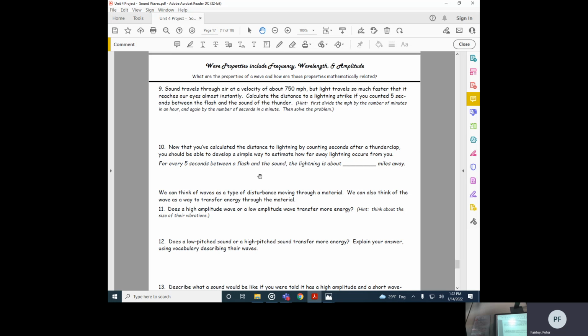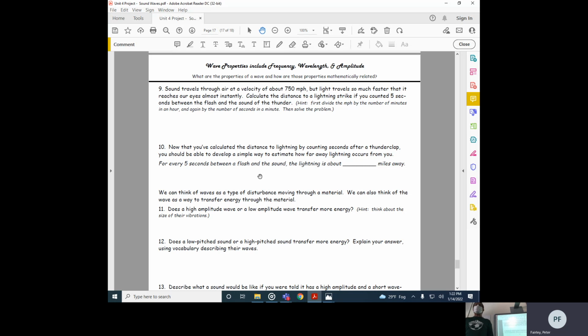Sound travels through air at a velocity of about 750 miles an hour, but light travels so much faster that it reaches our eyes almost instantly. I want you to calculate the distance to a lightning strike if you counted 5 seconds between the flash and the sound of the thunder.